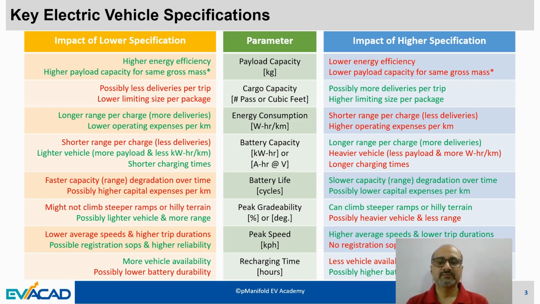Then peak gradability is basically the maximum uphill incline the vehicle can climb. This is looked at in two ways. One is how much incline you can restart the vehicle on, meaning the vehicle has stopped on an uphill gradient, and at what gradient you can restart it from zero speed.